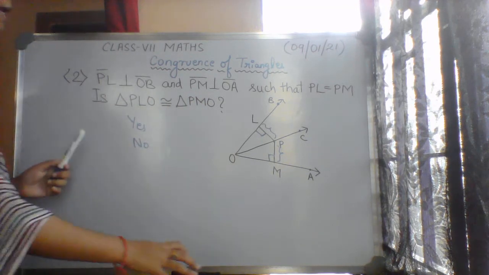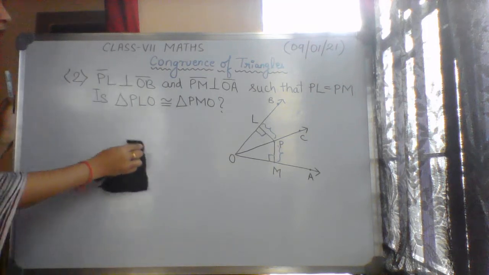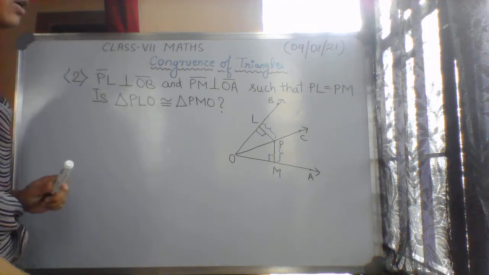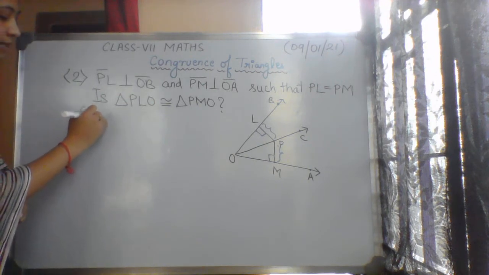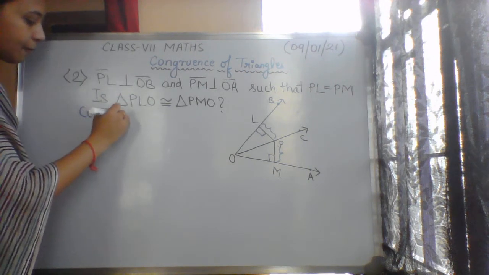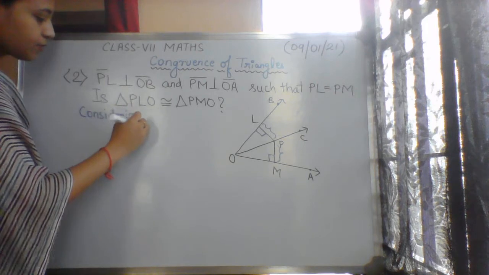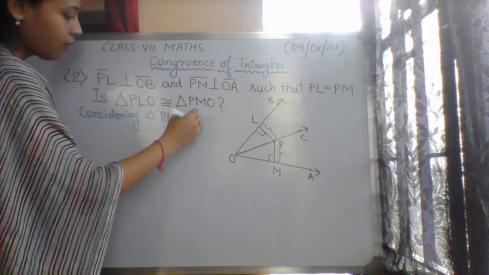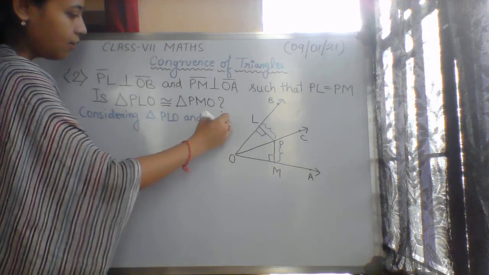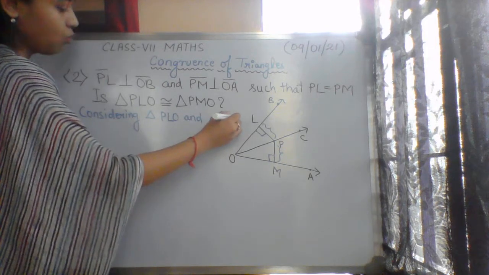Let us see what we are having. First of all, we will write which two triangles we are considering. So, considering triangle PLO and triangle PMO.